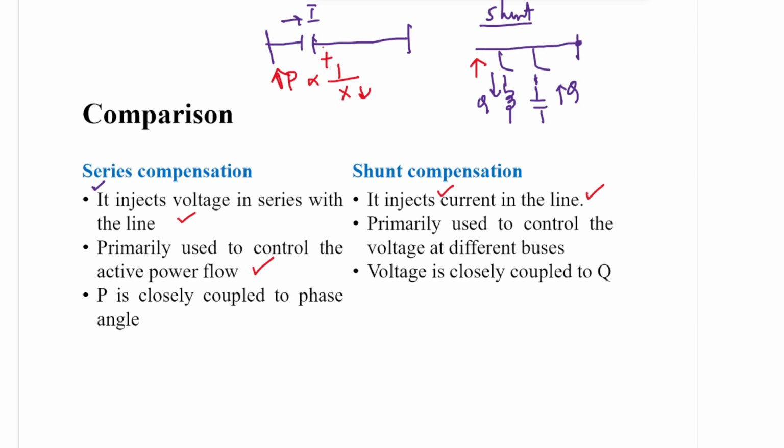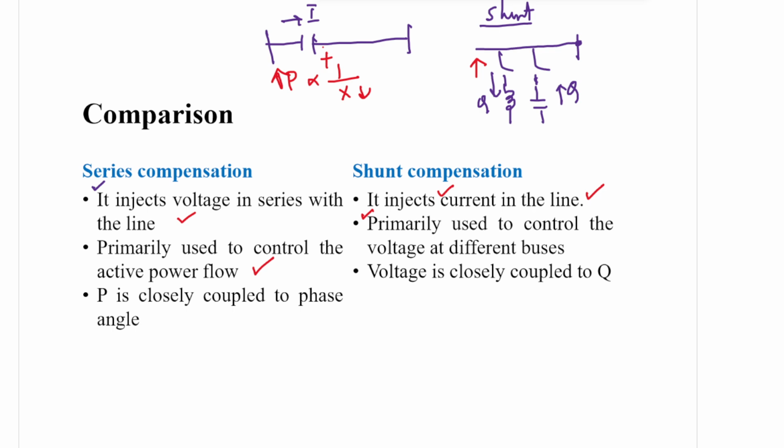And in case of shunt compensation, it is primarily used to control the voltage at different buses. Basically this reactive element L or C injects or draws reactive power. So reactive power helps to maintain the voltage at any bus. That is why shunt compensation is primarily used to control voltage at different buses.